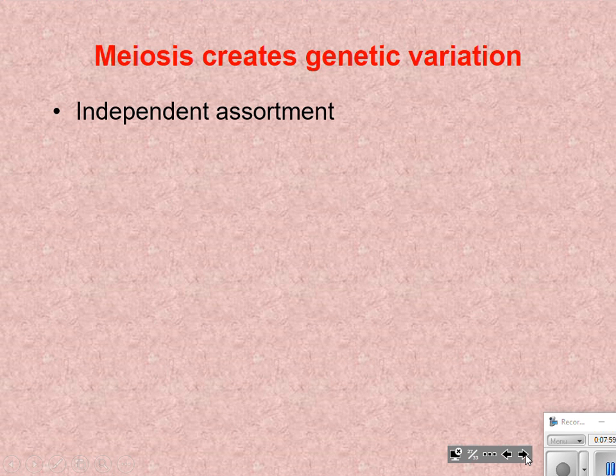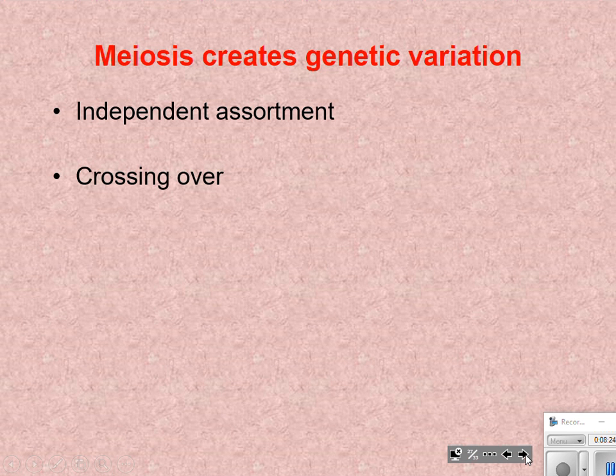One of which is independent assortment. We're just going to list them all right now to start with, and then we're going to talk about each one of them. So the first one is independent assortment. The second one we've already talked about, but I'm going to show you it, and you're going to draw a picture. That is crossing over.